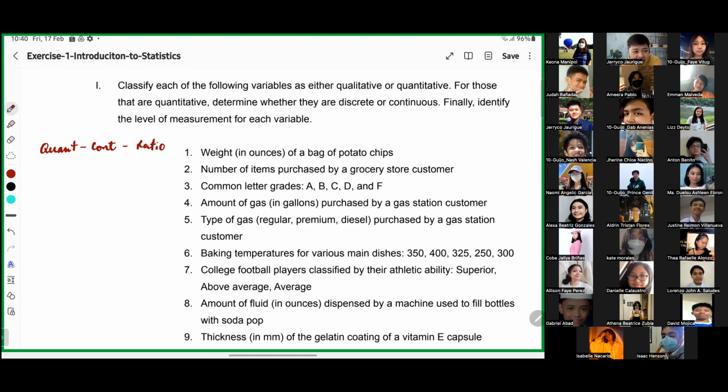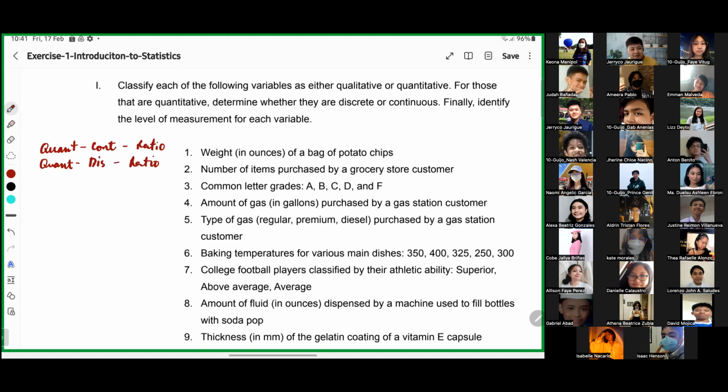Dahil tumawa si Thea na number 2. Thea, you're number 2. Number of items purchased by a grocery store customer is quantitative po, and discrete, tapos measurement ay ratio rin po. Yeah, very well. Thank you.